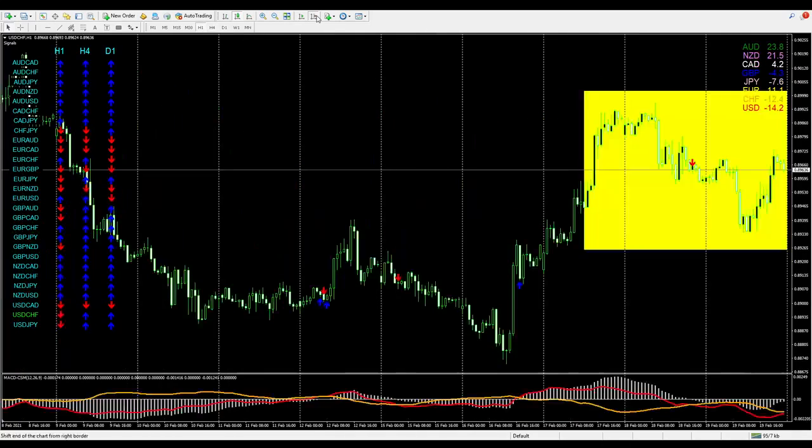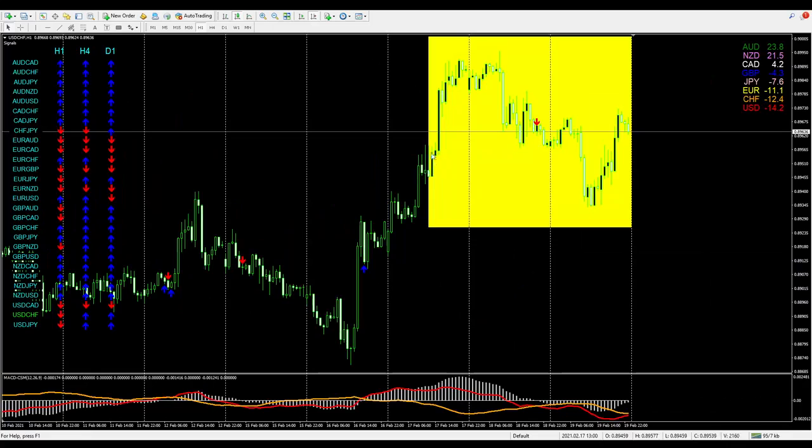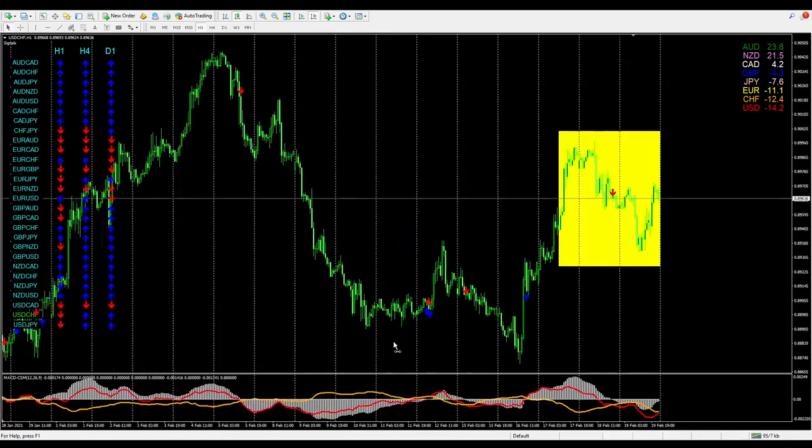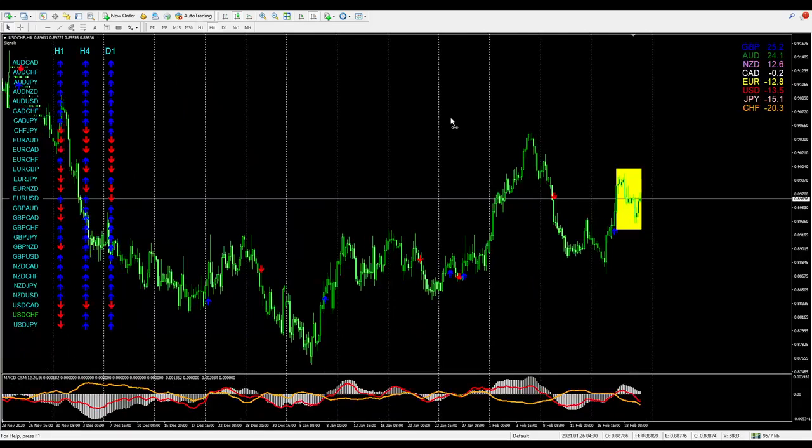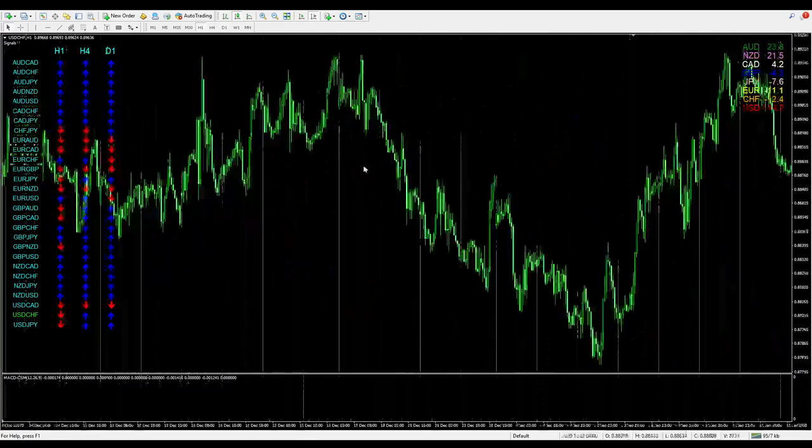And on H1, as we check, there is no entry of H4 around this point. As we can see, there's no entry for H1 because it started here. So if there's a signal, it's a bit contradicting. So there's no proper setup for USD CHF.